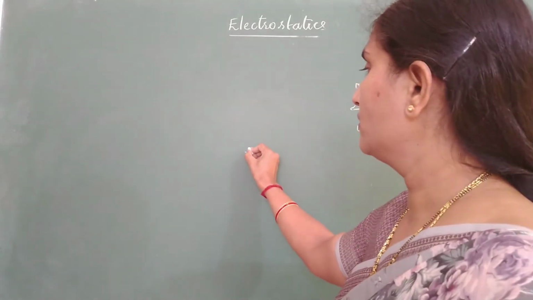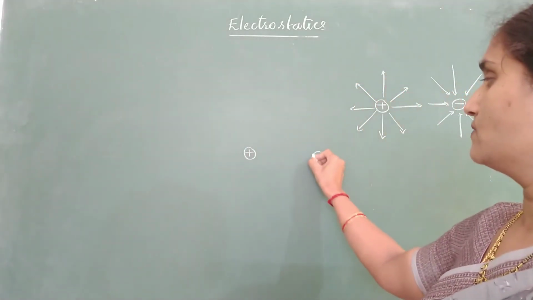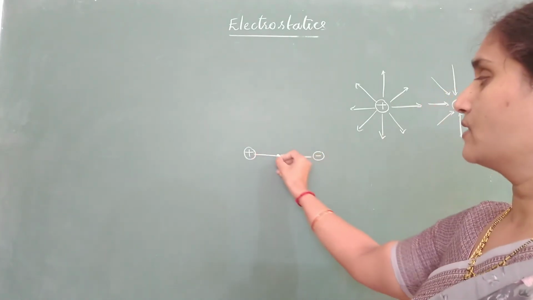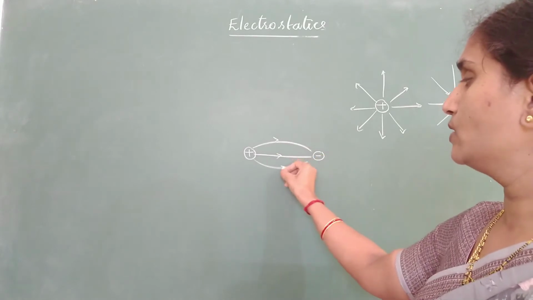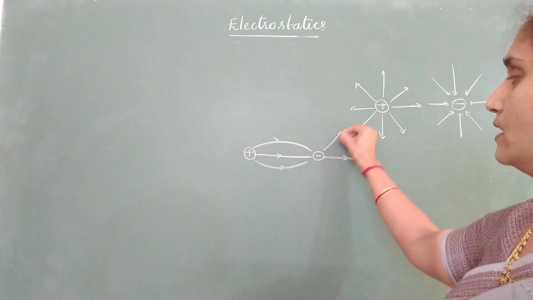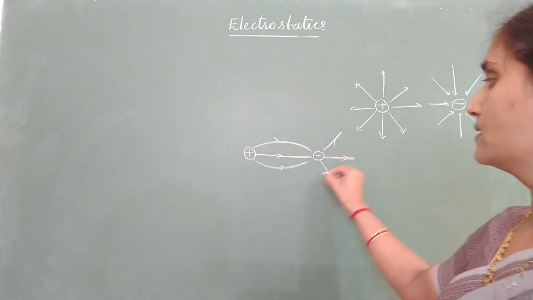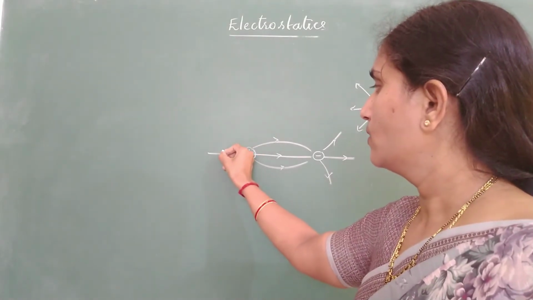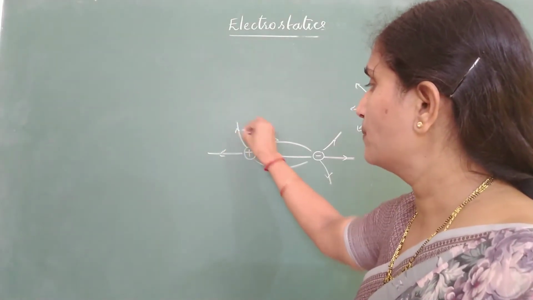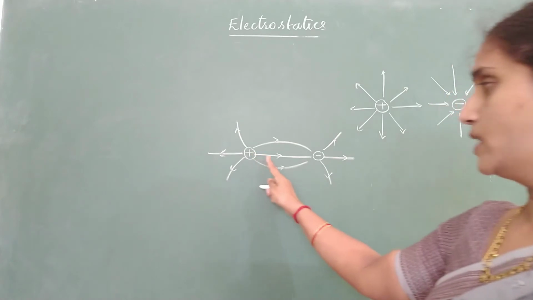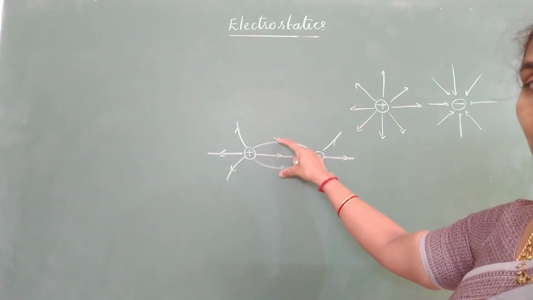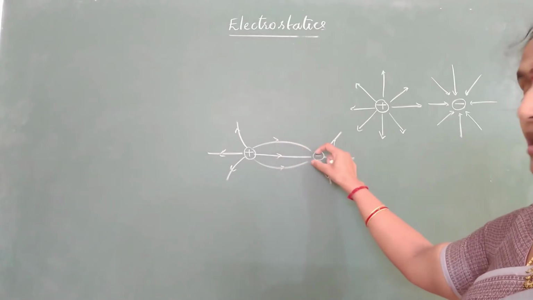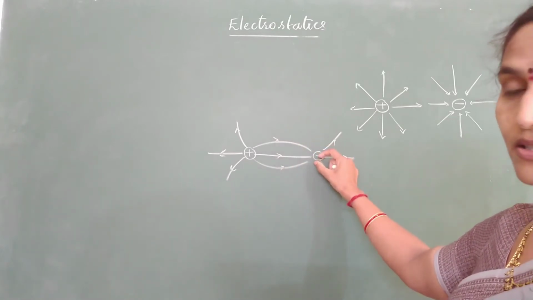For a dipole, between positive and negative charges, the field is directed from positive to negative. When you move from the positive charge towards the negative charge, the field is stronger, becomes weaker at the center, and again increases towards the negative charge.